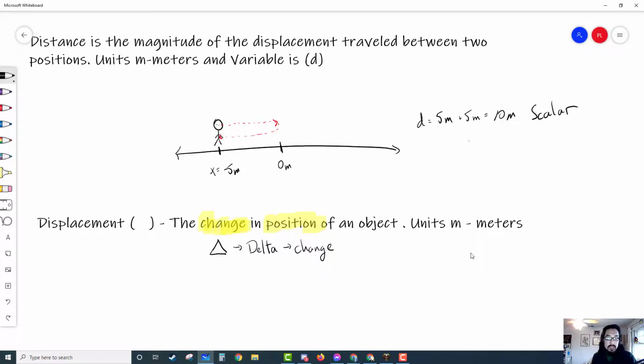And whenever you see delta, there's a very specific formula that comes with it. Delta means final, whatever variable, minus initial, whatever variable. And so for here, we can write displacement as delta x, because it's the change in position.